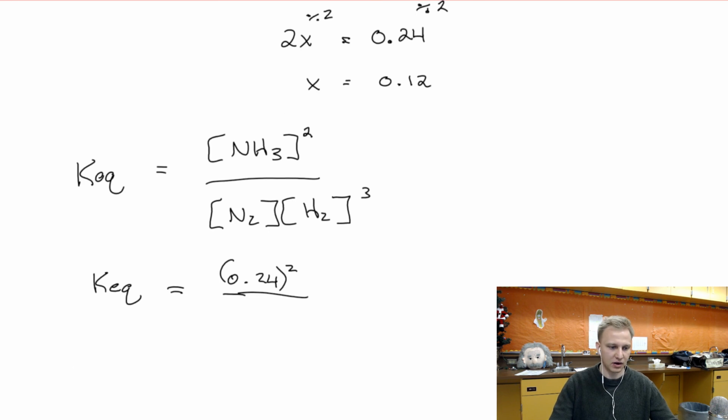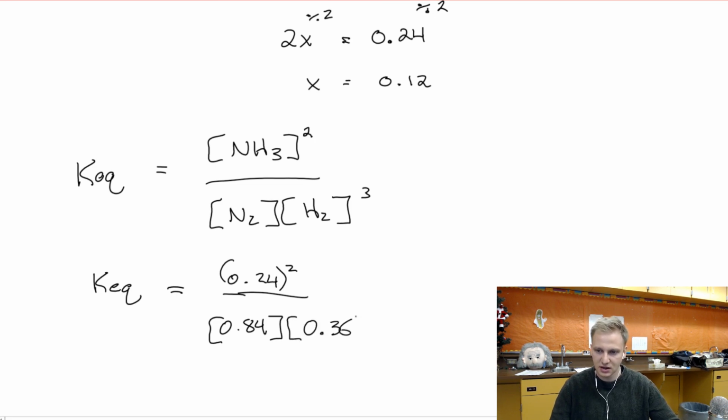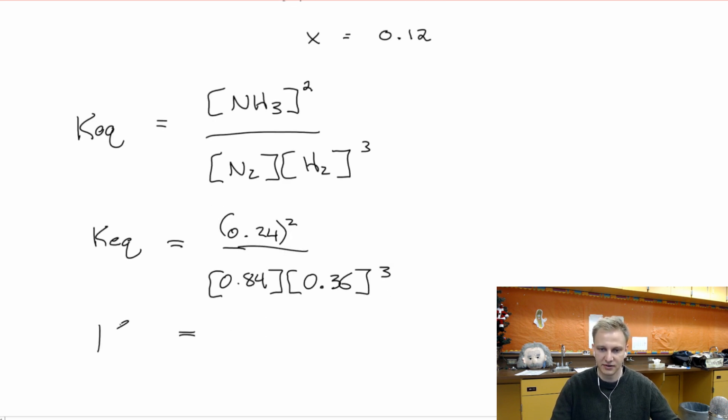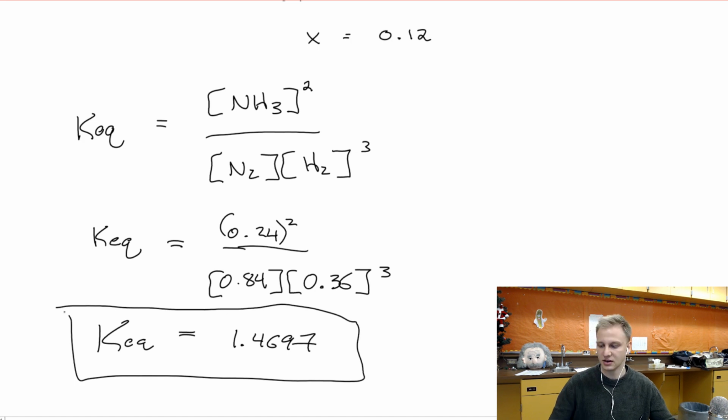And then on the bottom we have the 0.84, which is not squared at all because it's the N2 concentration. And then we have the 0.36, and we are going to cube that. And when we finally solve, we get a final answer of KEQ is equal to 1.4697. And we'll put a box around our answer. And that is how you solve for the equilibrium constant expression when given known equilibrium values.